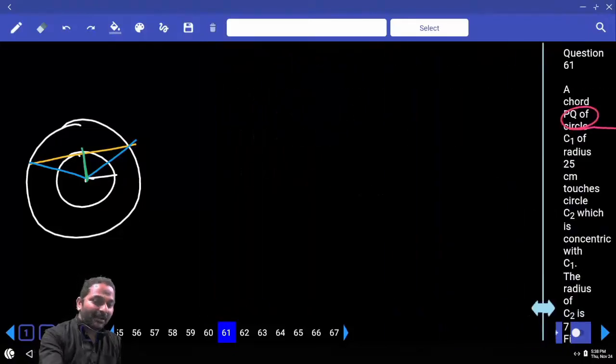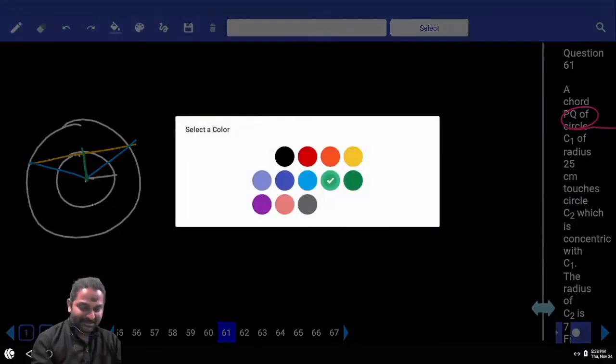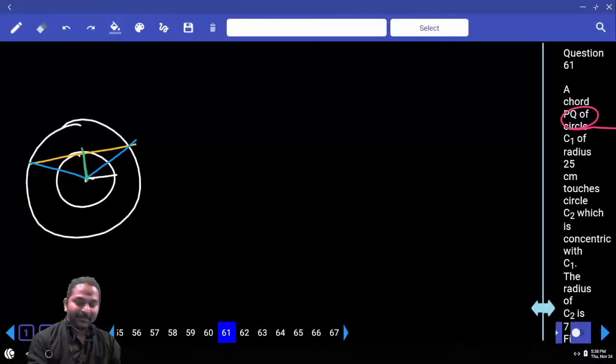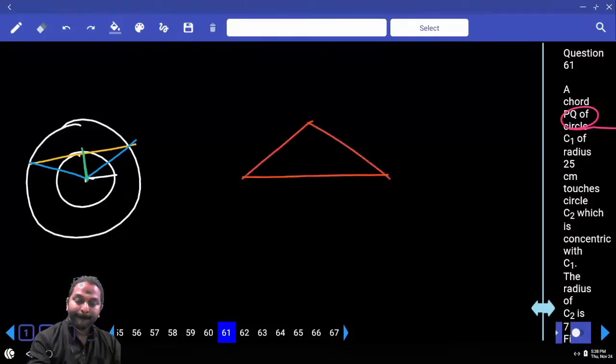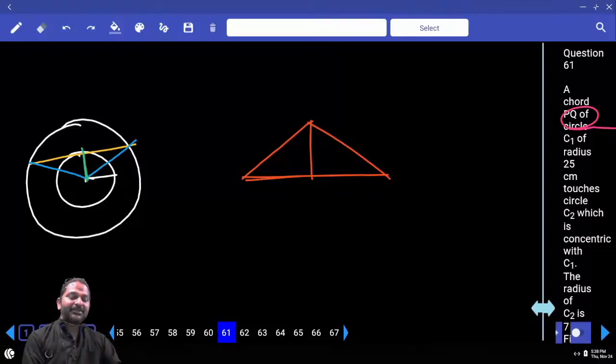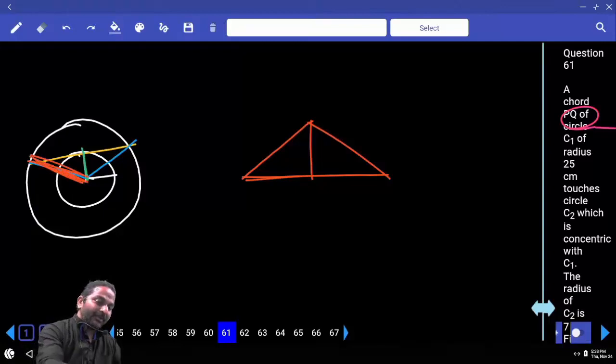Now I will draw the same in reverse way. Reverse way in the sense I am changing the direction of the triangle. Length of the chord, that's what we have to calculate, right? Base value is length of the chord. This one 25. This one 25.